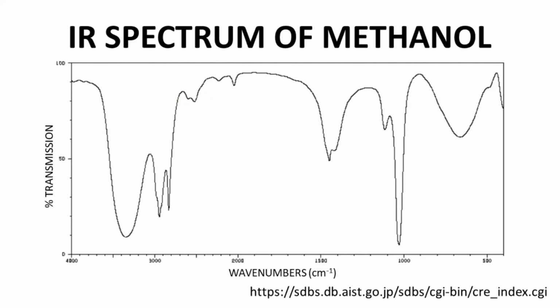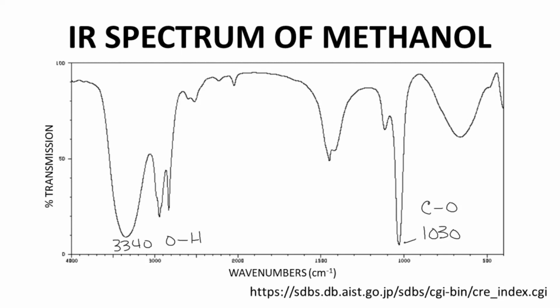The strong absorbance at 1,030 wave numbers corresponds to the stretching of the CO bond in methanol. This broad and strong signal on the right is at about 3,340 wave numbers and corresponds to the stretching of the OH bond.